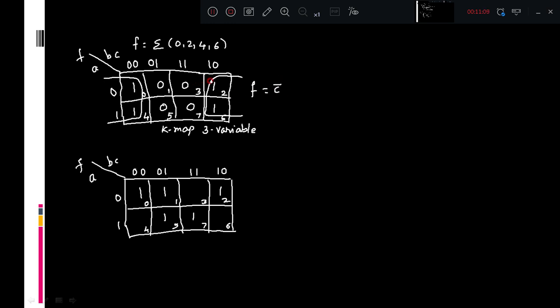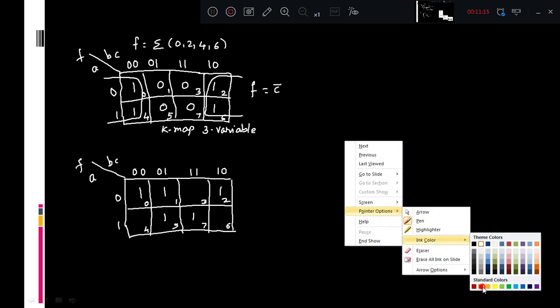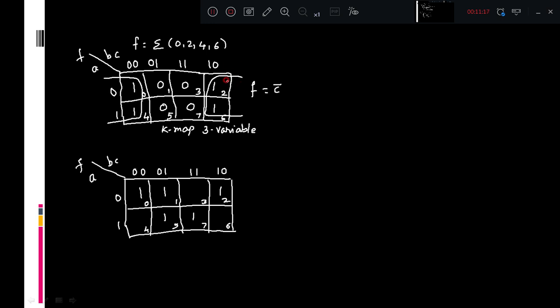The same function, if you decide to group using, say, these 2 cell groupings, physically adjacent cells, and this one, if you group like this and want to write function F, this will result in, so A will get cancelled, B bar C bar, and in this one A is changing 0 1, that will get cancelled, so B C bar. So B bar C bar or B C bar.